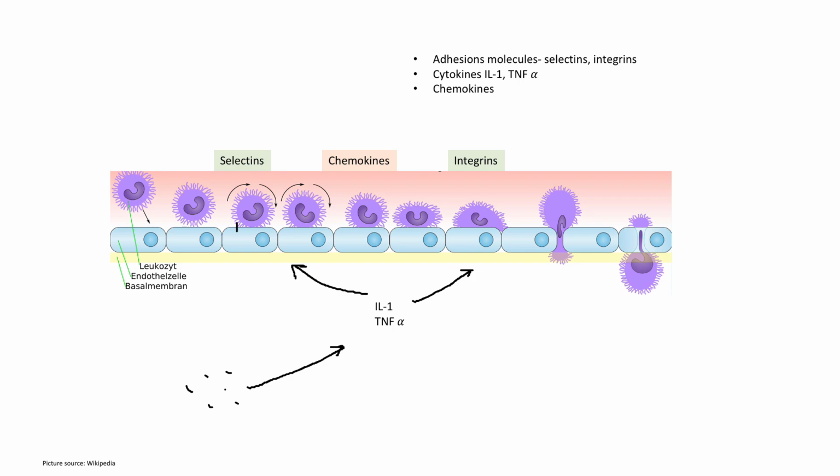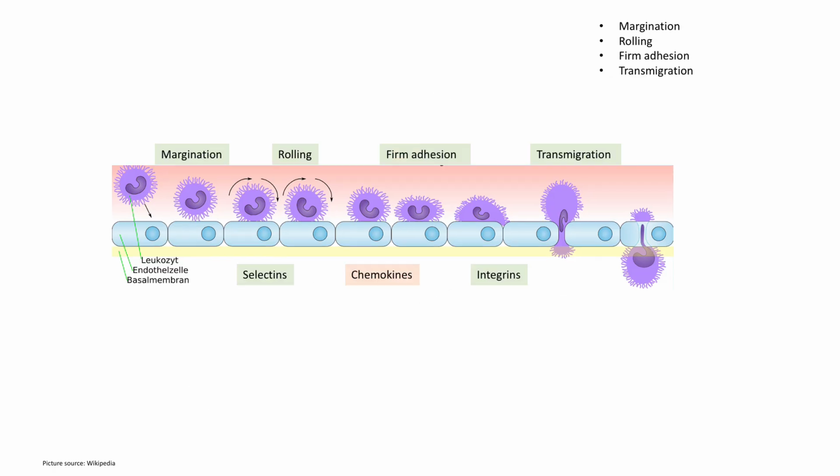Neutrophils then attach to these adhesion molecules, pass through the endothelial lining and reach the interstitium. From the interstitium, neutrophils move towards the source of inflammation by the process of chemotaxis, and this movement is guided by chemoattractant molecules.